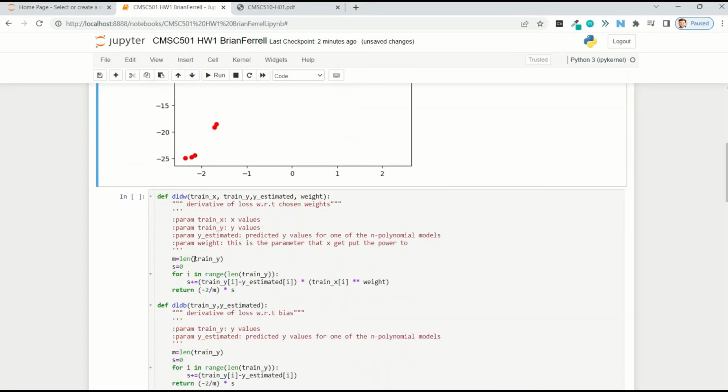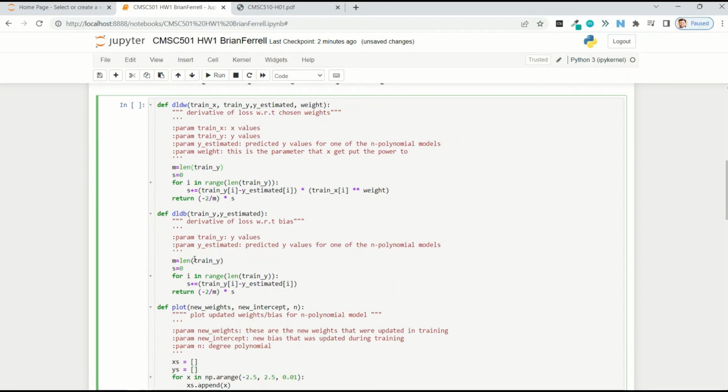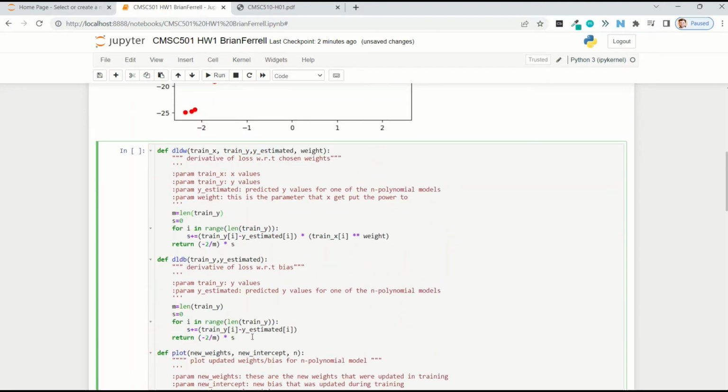For calculating the partial derivatives with respect to each of our weights, I have the 2 functions that do that right here, right? If you remember, our bias was the only one that looked different. I really don't have to separate these because I could just set the weight to 0, but it still shows that there's a difference between the bias and the weight. So I have a function, dldw, that takes in our training data and our model that we want, which is this variable y estimate.